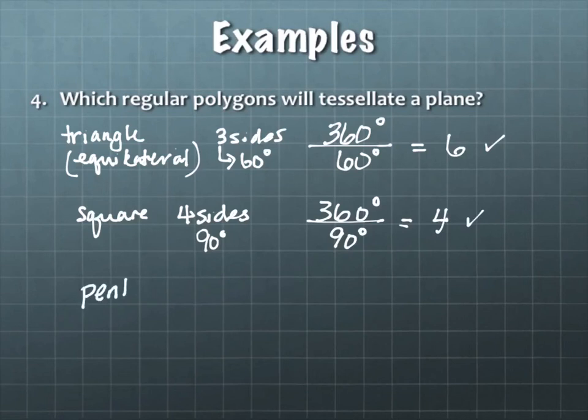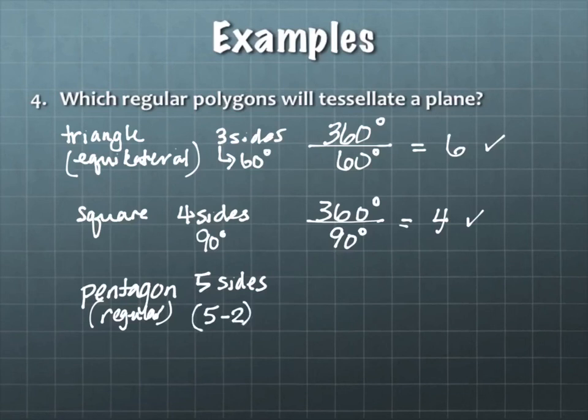Do you guys remember if we do a regular pentagon? It's 5 sides, right? Do you remember how we determine the angle measure? That one's probably not one you remember. Okay. We take the number of sides, 5. We subtract the number 2. It's always the number 2. We multiply by 180 degrees.